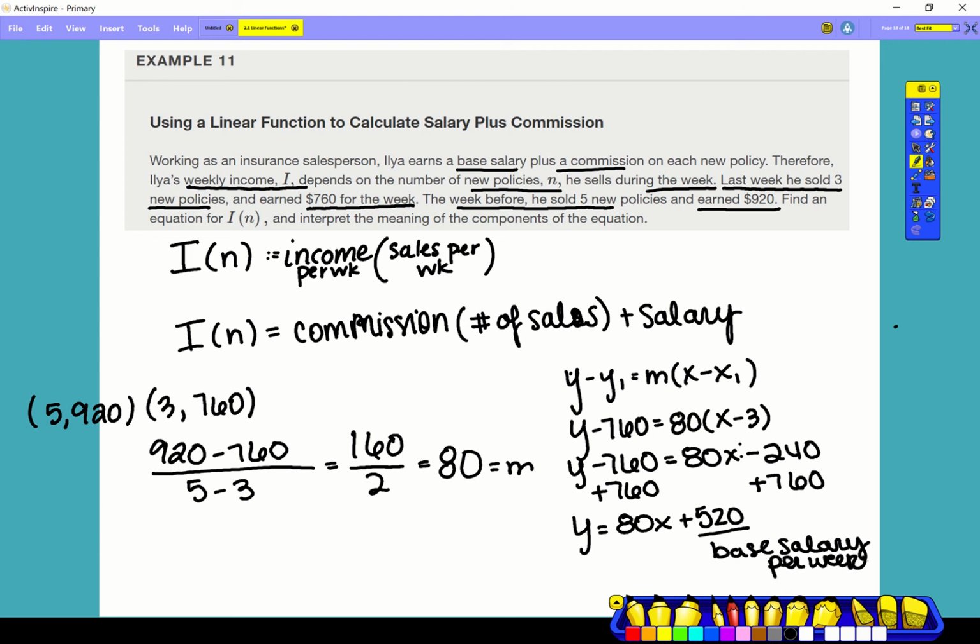If I wanted to say what that was per month, he would be making about $2,280 a month. And if we're talking about per year, that is per year.